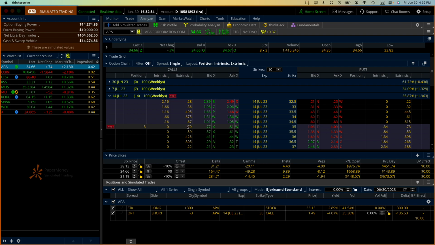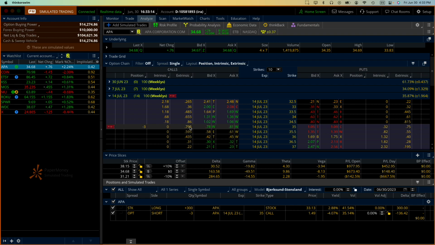And if the extrinsic value is 0 or below 0, it means we could be assigned, which means that the short being assigned, the shares are taken away. Okay, so in essence my position will be closed.